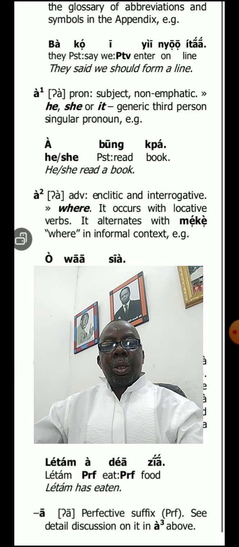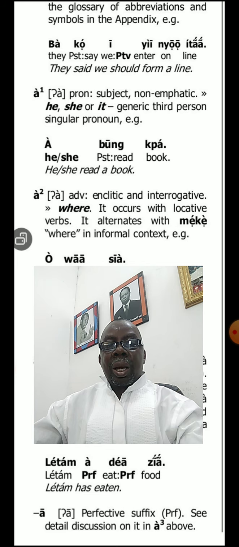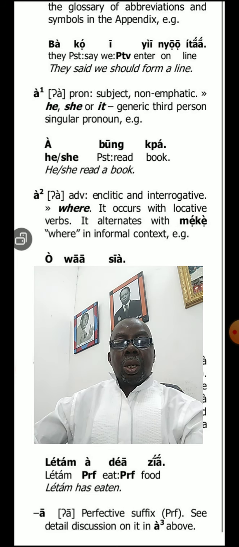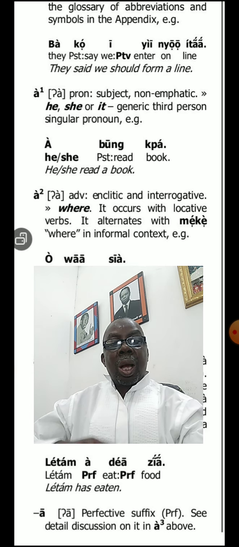Now, I have pointed out, ladies and gentlemen, that the letter A can function as a letter, can function as a suffix, and can function as a word.